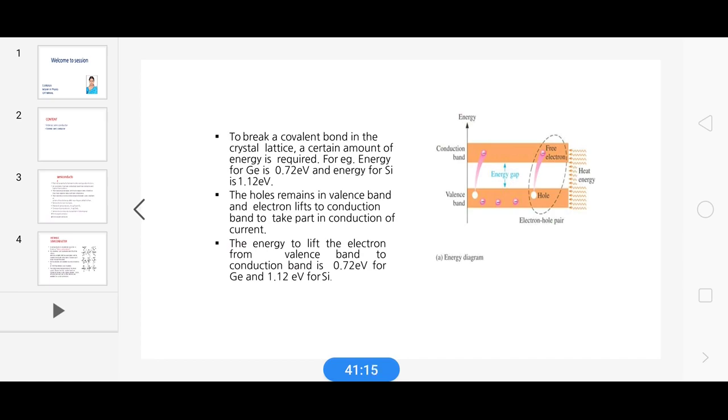So what is the energy to break the bond? It is 0.72 electron volts for germanium and 1.12 electron volts for silicon, and this energy is also called the energy required to lift the electron from the valence band to the conduction band.